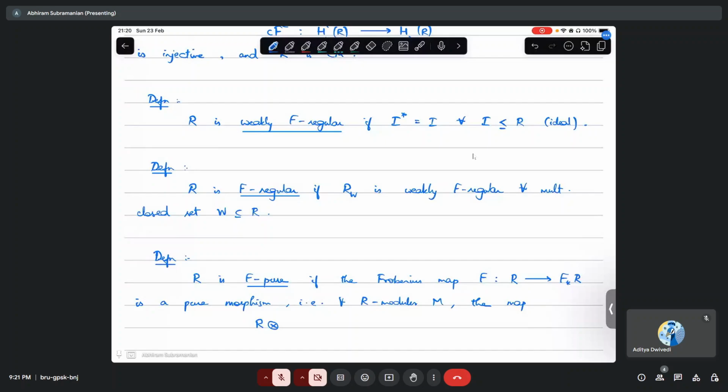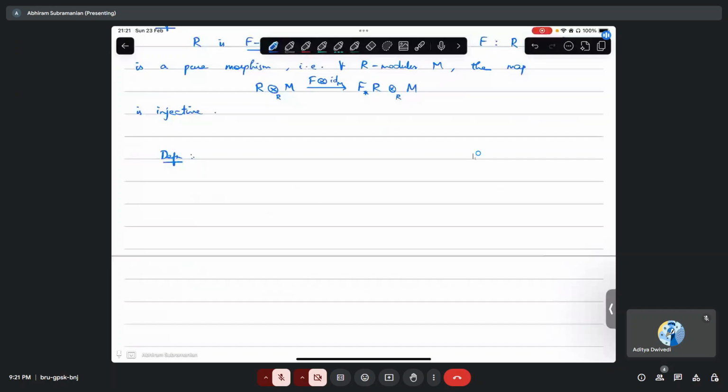So again, one very crucial definition: R is F-finite if the Frobenius F from R to F_* R is a finite morphism, or equivalently R is finitely generated as an R^p-module. So now let R be an F-finite ring.